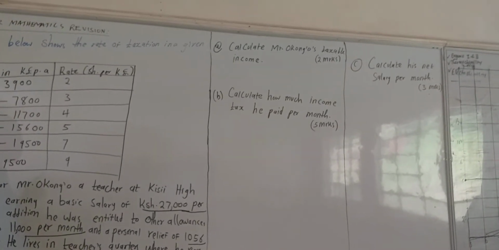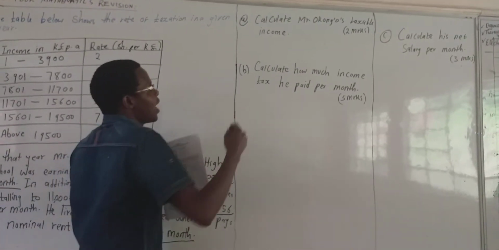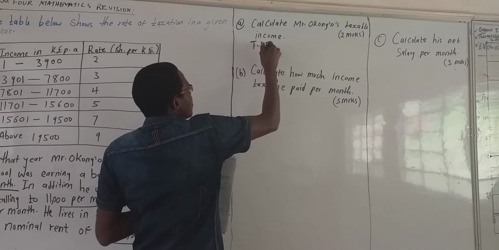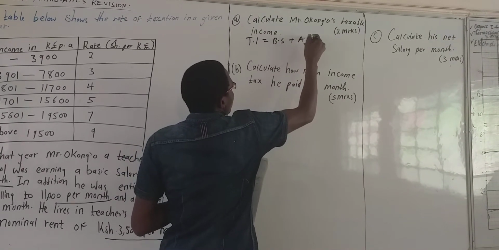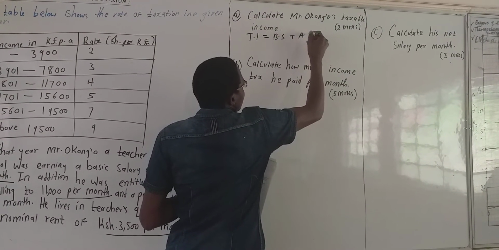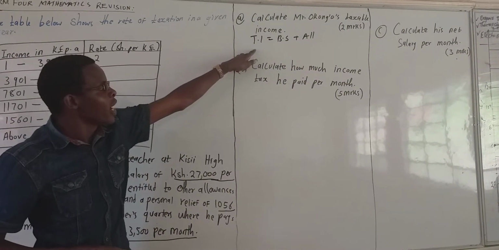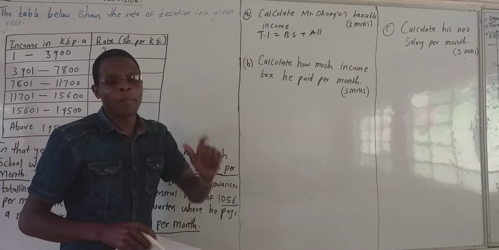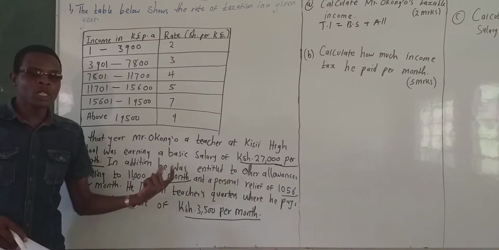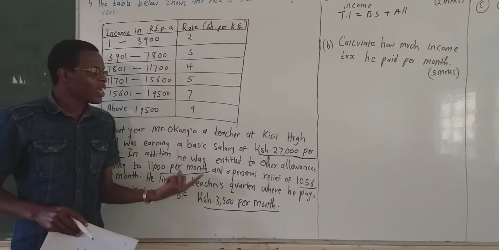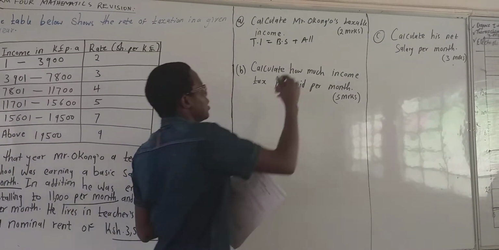Remember, taxable income, TI, is the same as basic salary plus all allowances. But in a situation whereby somebody is being housed by the employer, then we have plus 15% of the basic salary.